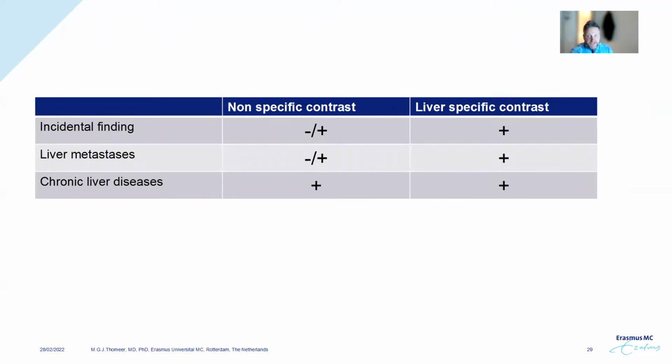For all these three indications, you can choose either non-specific or specific contrast. The most benefit is in differentiation of an incidental finding like an FNH or adenoma. For chronic liver diseases, we prefer using non-specific contrast, but Primovist is an acceptable alternative and is mainly used in the Far East. Due to absence of uptake in metastasis, Primovist can also be used to detect the smallest mets.